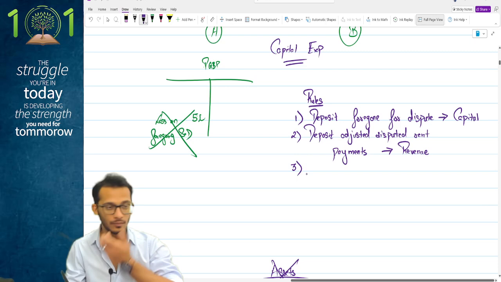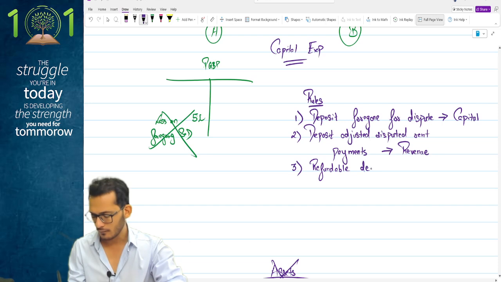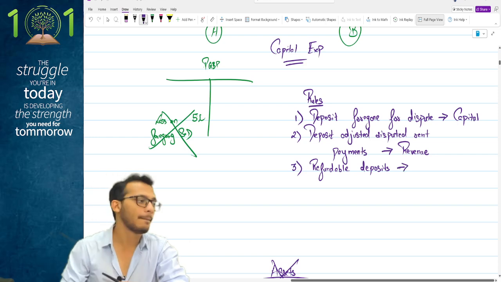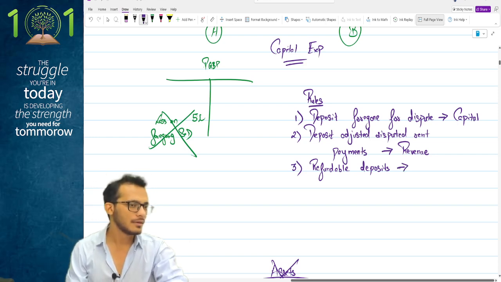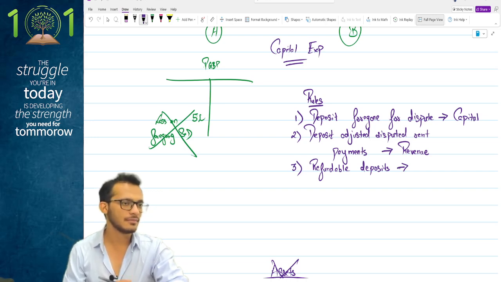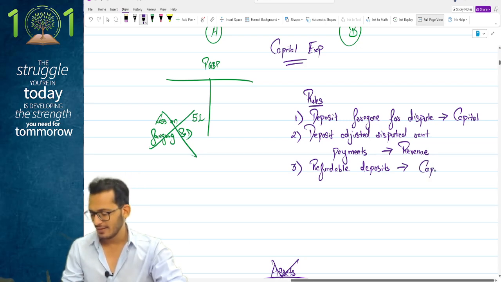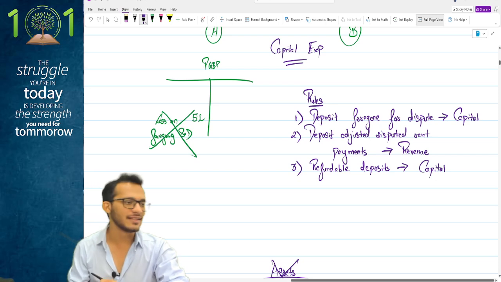Third, refundable deposits: capital. I am discussing whether it's a receipt or not.